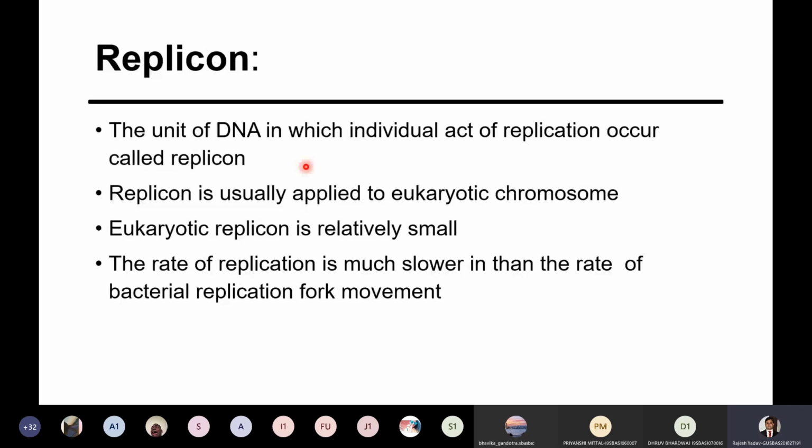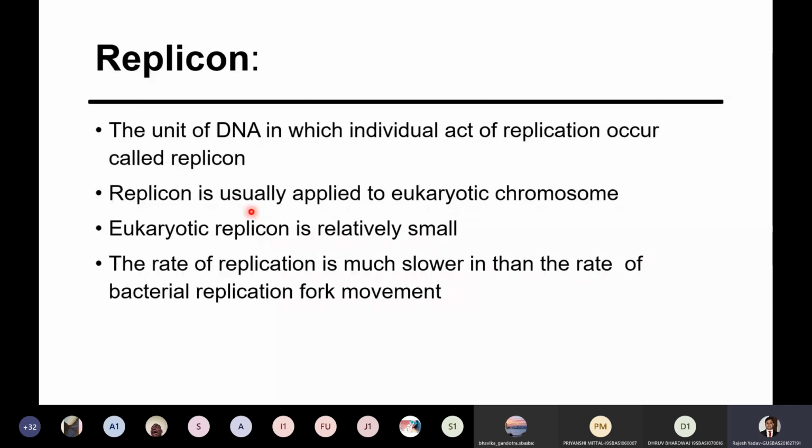So the unit of the DNA where the replication will start is called the replicon. The replicon is usually applied to the eukaryotic chromosome. We have not studied the replicon in the prokaryotes. So we are using this word especially for the eukaryotic chromosome or origin.